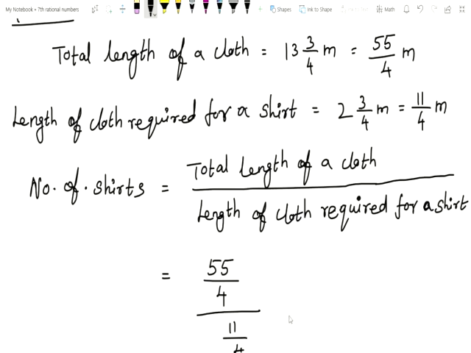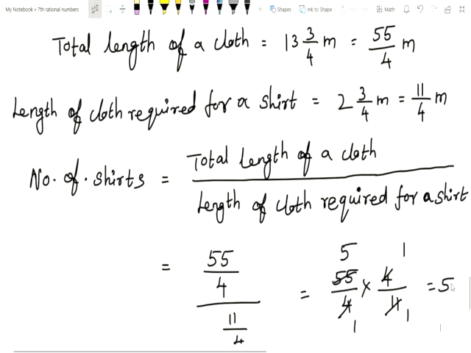We need to divide this. So what will you get? 55 by 4 into, take the reciprocal, 4 by 11. 4 ones are 4, 4 ones are 4, 11 ones are 11, 11 fives are 55. So 5. So what is the answer?